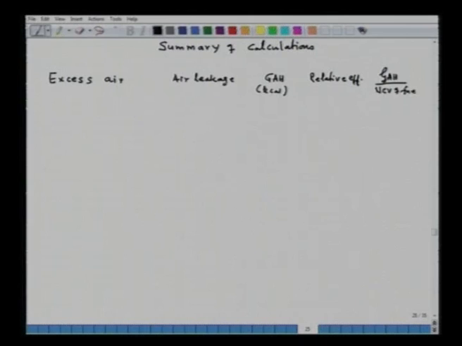That is what we have calculated. Now, we have taken 110% excess air, air leakage was first of all 0%, gross available heat was 8716, and relative efficiency we assumed 80%, and this figure we got 81.9%.